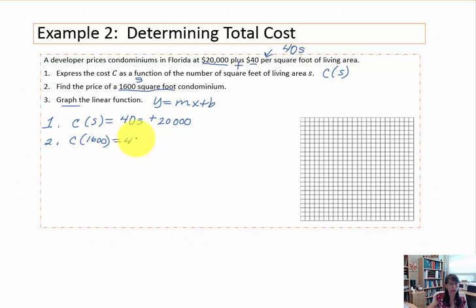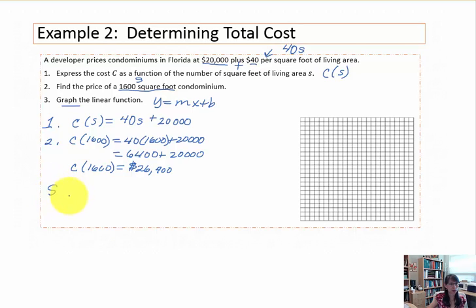So simply make that substitution, and when we multiply 40 times 1,600, we're going to get 6,400 added to 20,000. So the cost of our 1,600 square foot condominium is the sum of these values. That would give us a dollar value of $26,400.